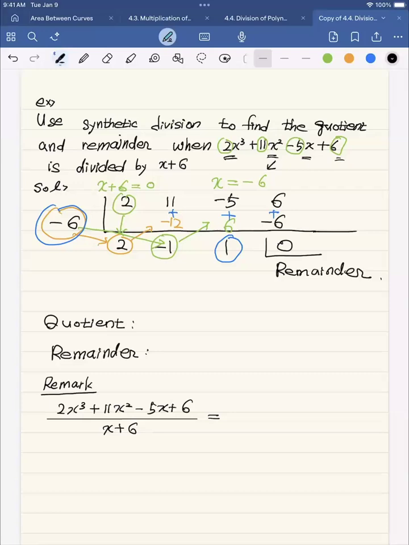When we consider the degree, this is degree 0, degree 1, and degree 2. When we combine those, it'll be 2x squared minus x plus 1. This one is the quotient.